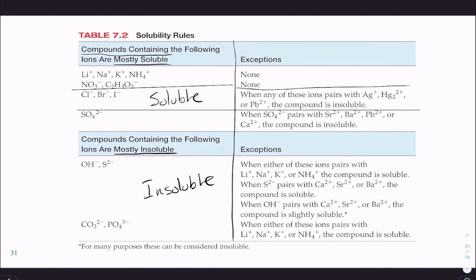Starting with potassium nitrate, potassium and nitrate are always soluble. Any compound with nitrate will be soluble, no exceptions. Same with potassium. Lead iodide, though, we have iodine here. Most of those compounds are soluble, but lead, specifically lead 2+, is one of the exceptions. So lead iodide will be insoluble.